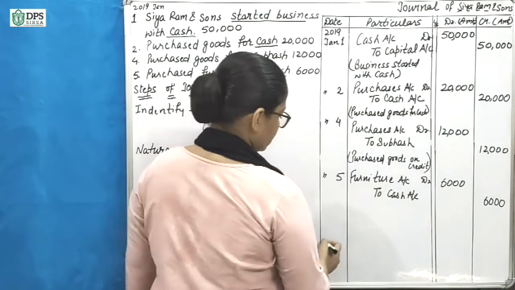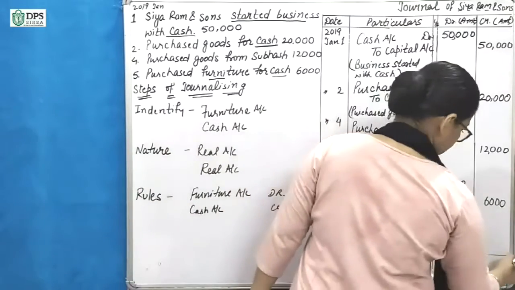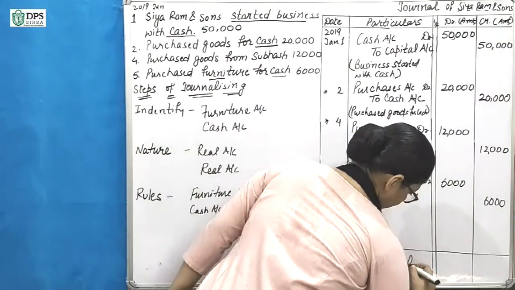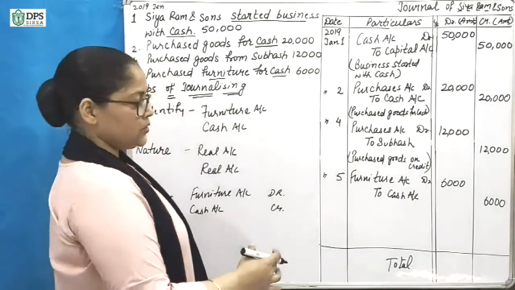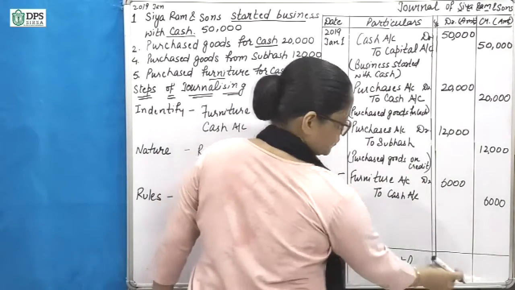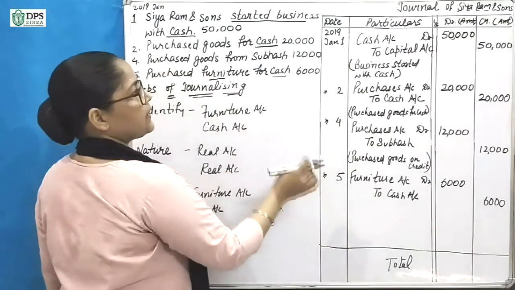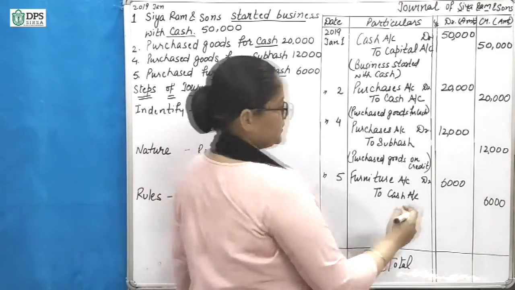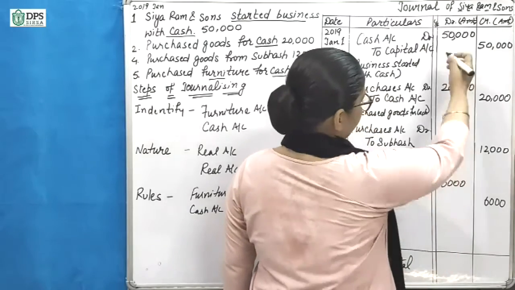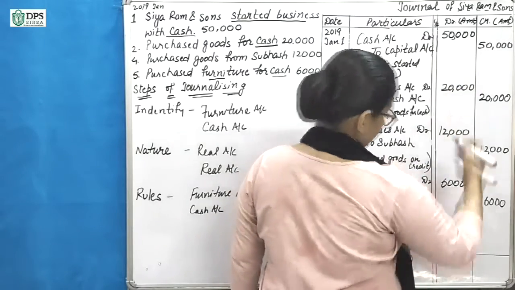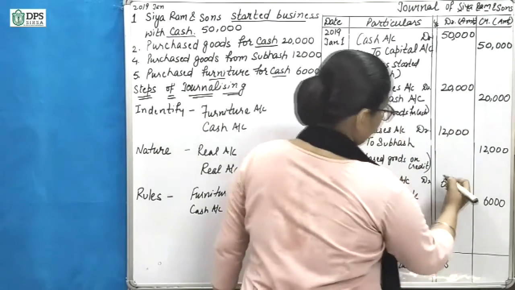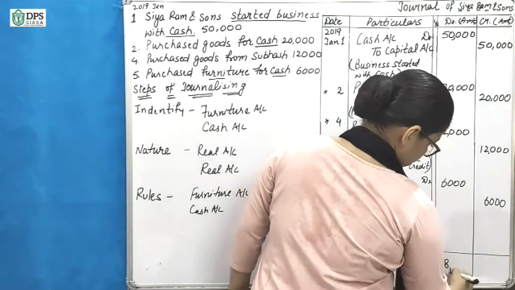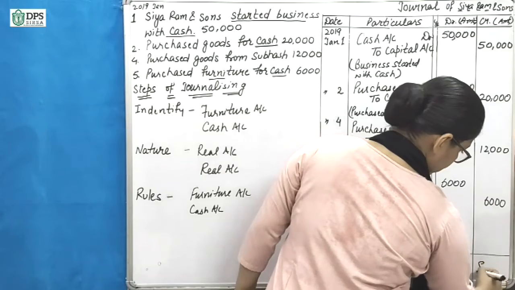So at the end of the question, we will do the total of the journal. Suppose this is the last page of my book. So at the last page I will do the total, and this total I will carry forward. So I will do the total of the amounts: 6 to 8, 1, 2, 3, 5, 8. So this is the total of the journal.